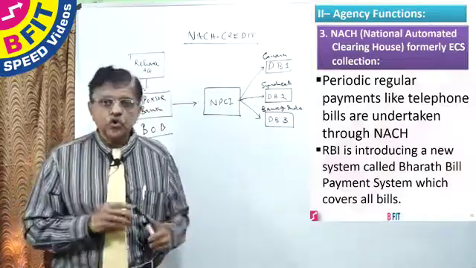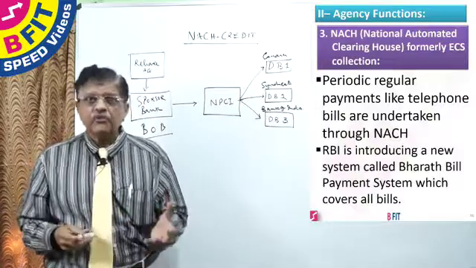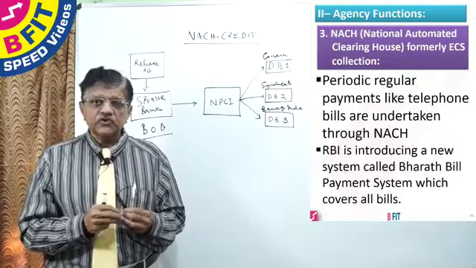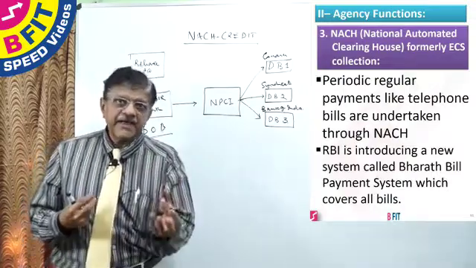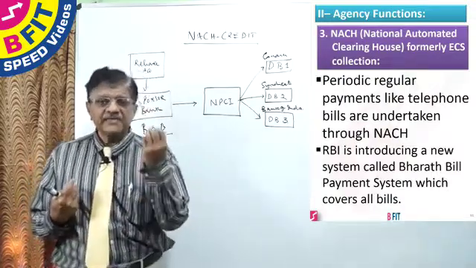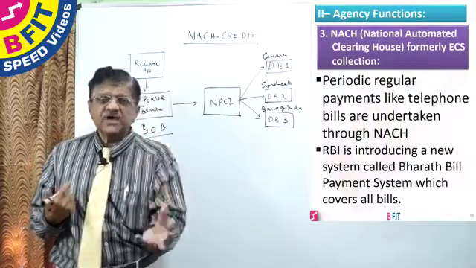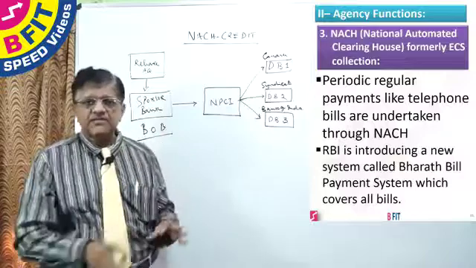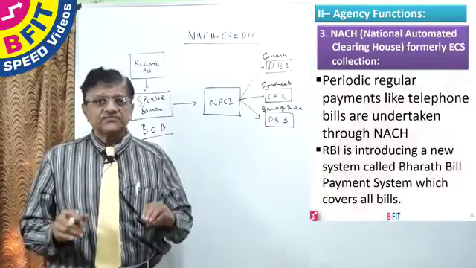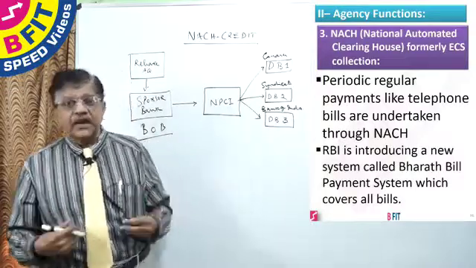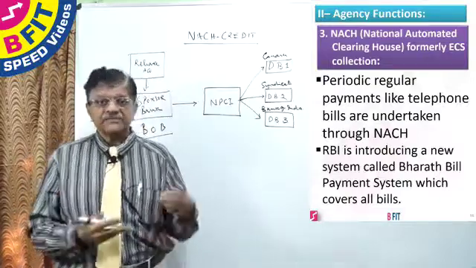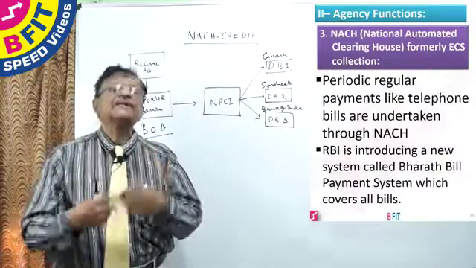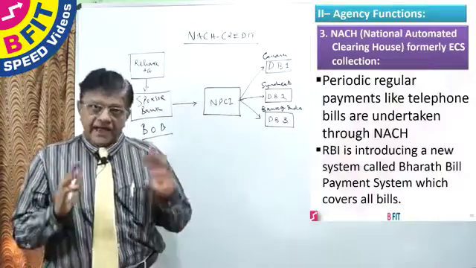Suffice for you to know at this point of time, we are having one NACH debit and NACH credit, which is very useful. NACH debit is useful for making small payments, telephone bills, electricity bills, water charges. All these things can be paid by the customer very easily using NACH debit. And NACH credit is for corporates and some government departments where they can make periodic credits in a single go.